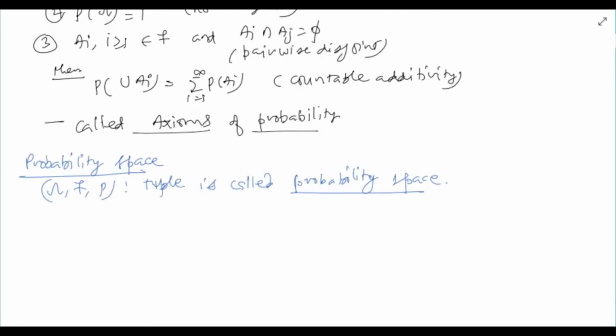Before we see examples of probability laws or probability spaces, let me make a couple of statements about the scenarios where omega is discrete set, or in particular it's finite set.